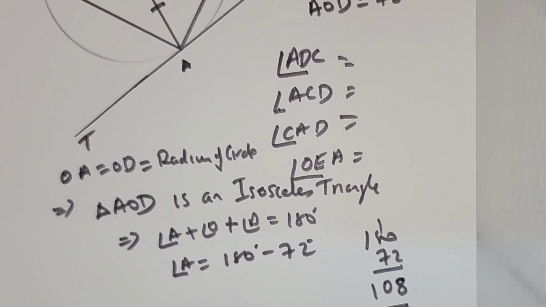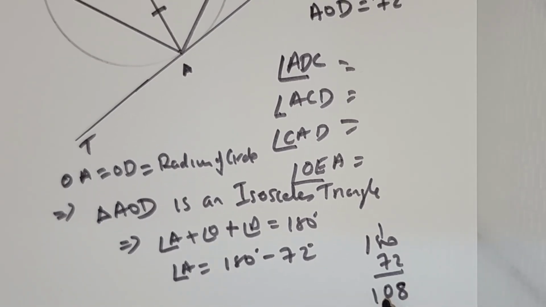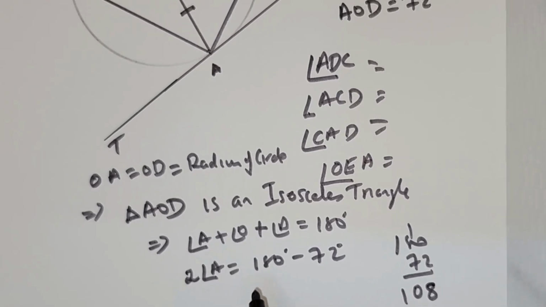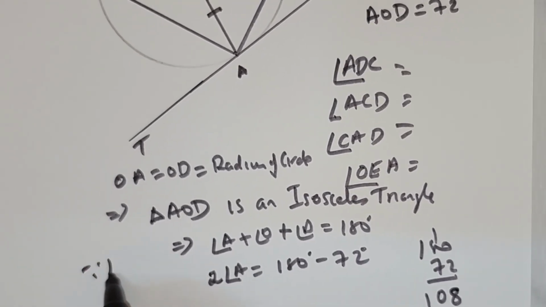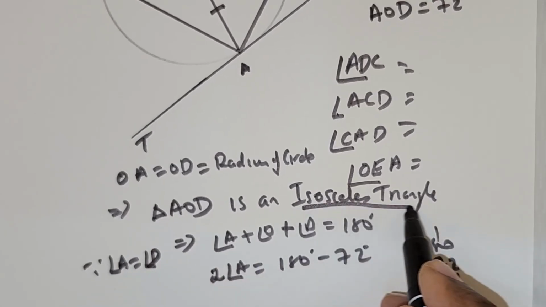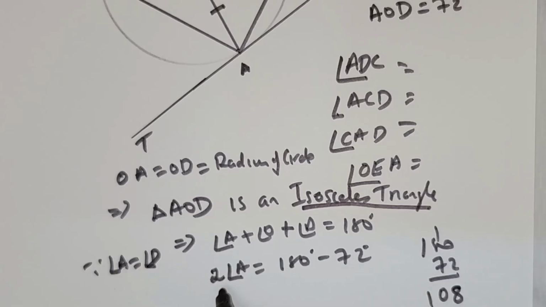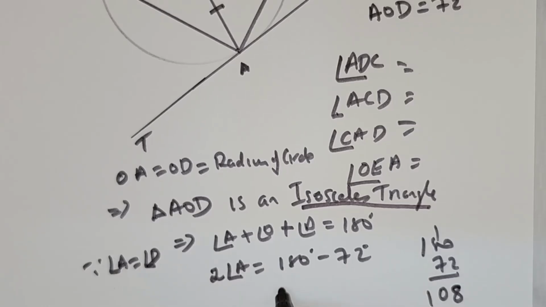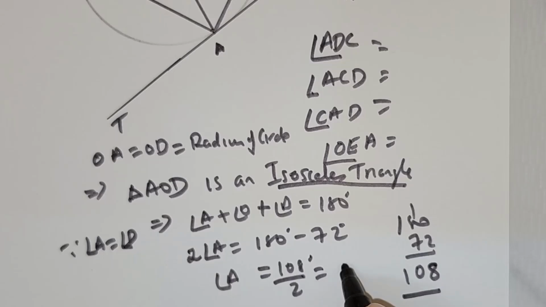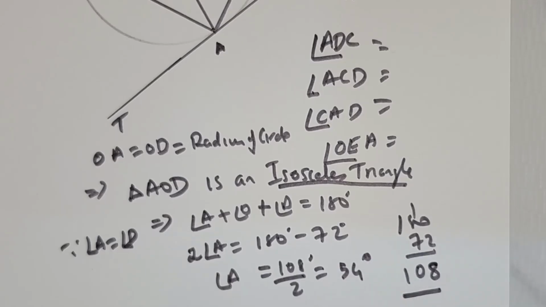Now actually speaking, this is going to be 2 times angle A. Now why do I say 2 times angle A? Because angle A is actually equal to angle D. Why? Because it is an isosceles triangle, and that is the reason we need to have this 2 here. So this is equal to 108 degrees divided by 2. This is going to give me angle A, which is nothing but 54 degrees.